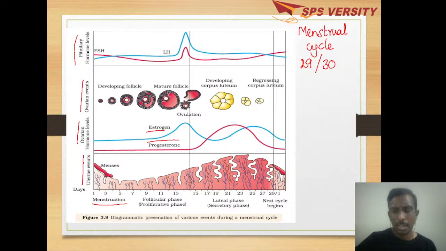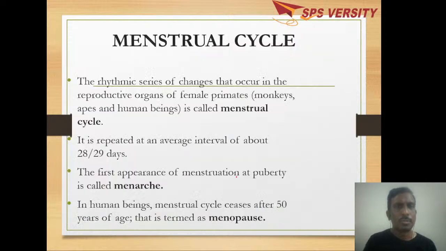The menstrual cycle operates in female primates like monkeys, apes, and human beings. These are rhythmic series of changes.